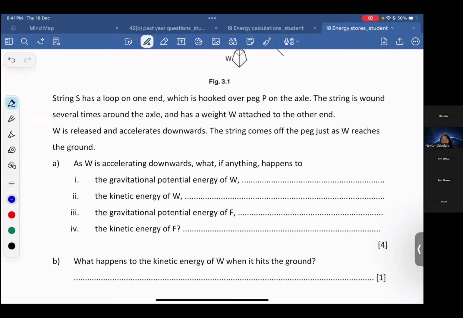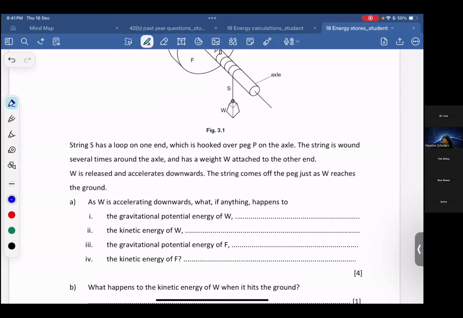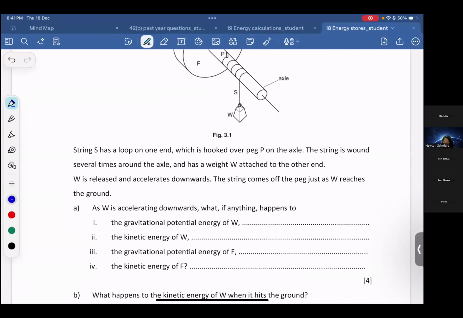Crystal is still incorrect. Hui-Tong, one of the answers is wrong. Megan, one of the answers is wrong. Okay, none of you got all correct. So we study about this.